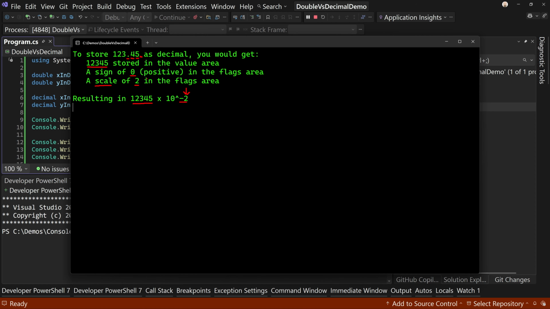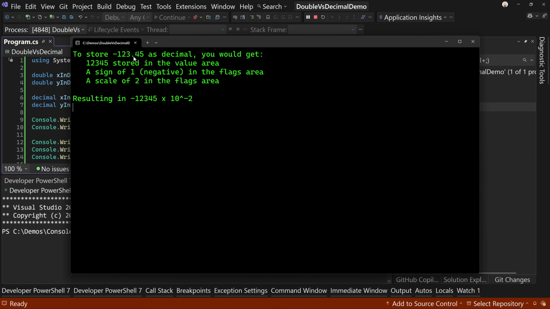And then we have no negative sign up front because this was a positive, therefore we don't do anything. And we have our integer here. So 12,345 times 10 to the negative second power results in 123.45.